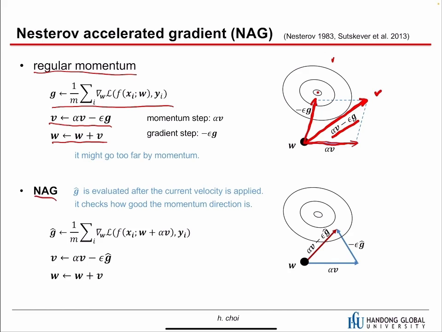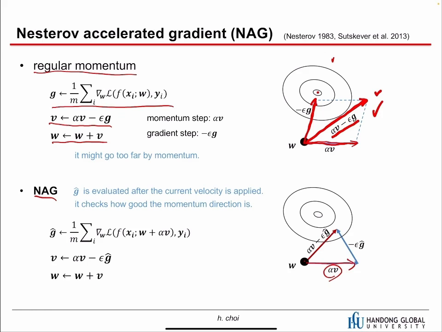Let me explain what NAG does. The idea is simple. When W is here, we know the momentum, so we know the velocity. No matter what kind of gradient we have, we know we will move this much. Look at this one.